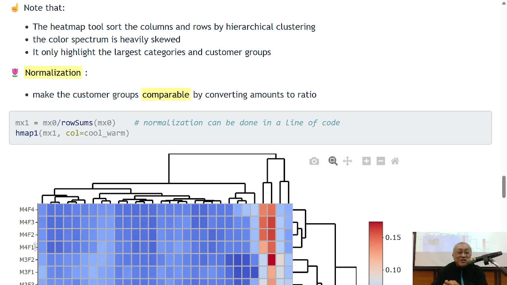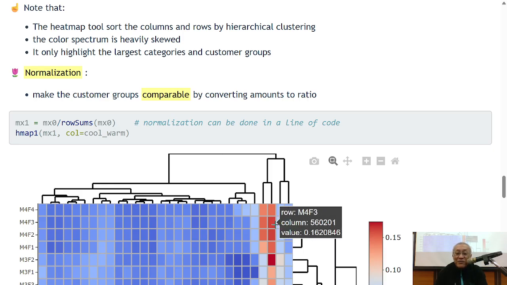Okay, it means that, for example, here the value is 0.16, right? It means that for M4, F3, in this group, they spend 16% of their money on category 560201.